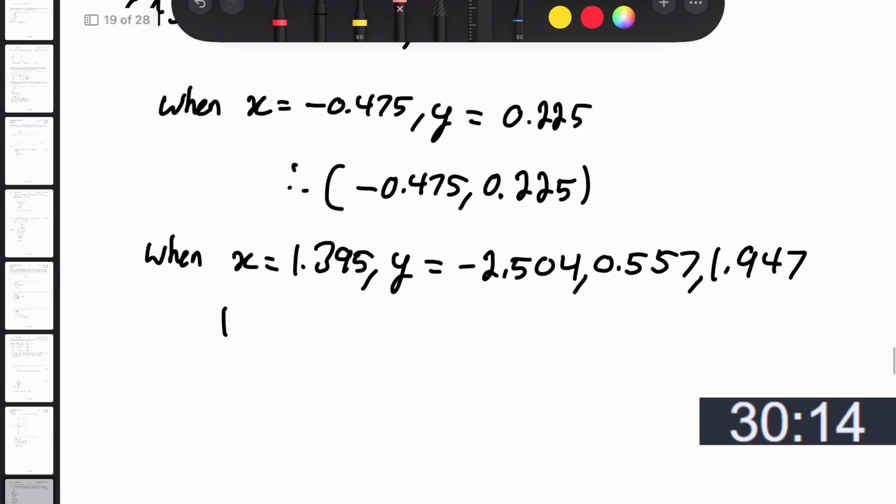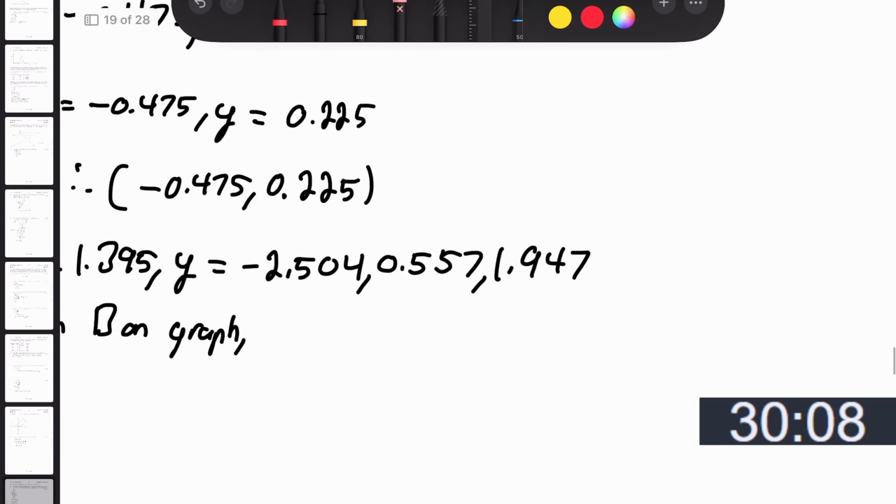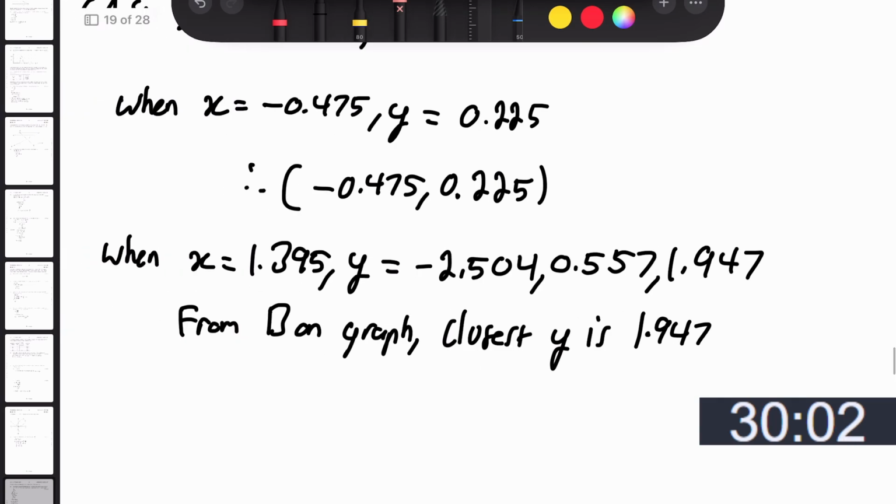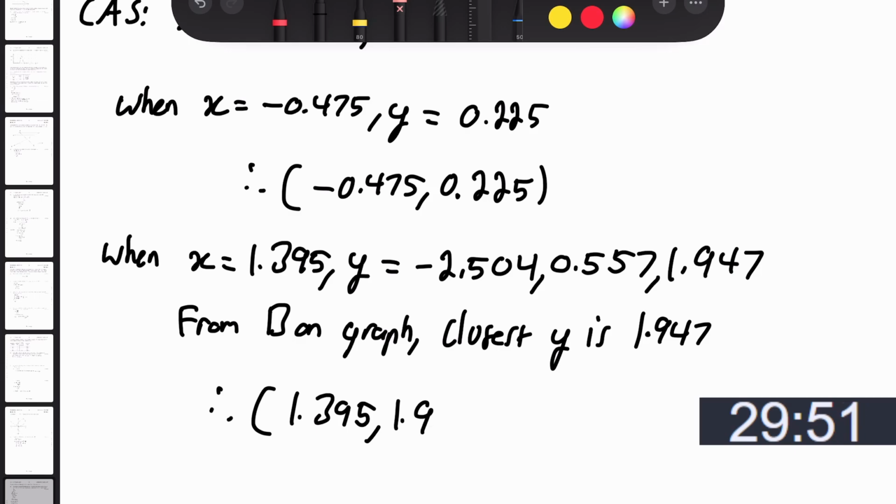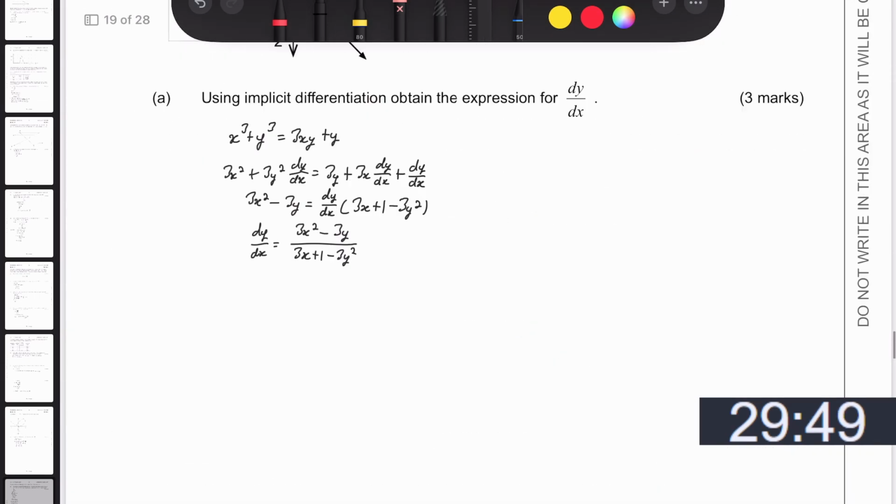So from B on the graph, closest y is 1.947, therefore 1.395 and 1.947.